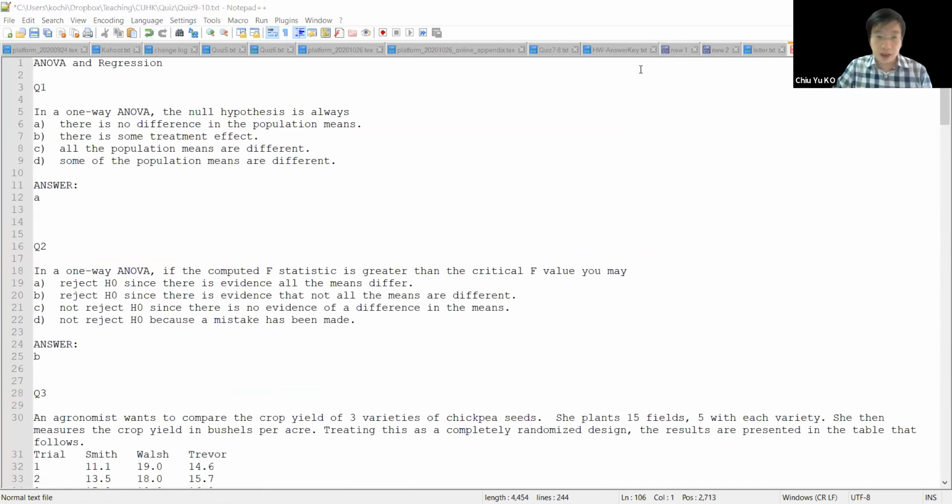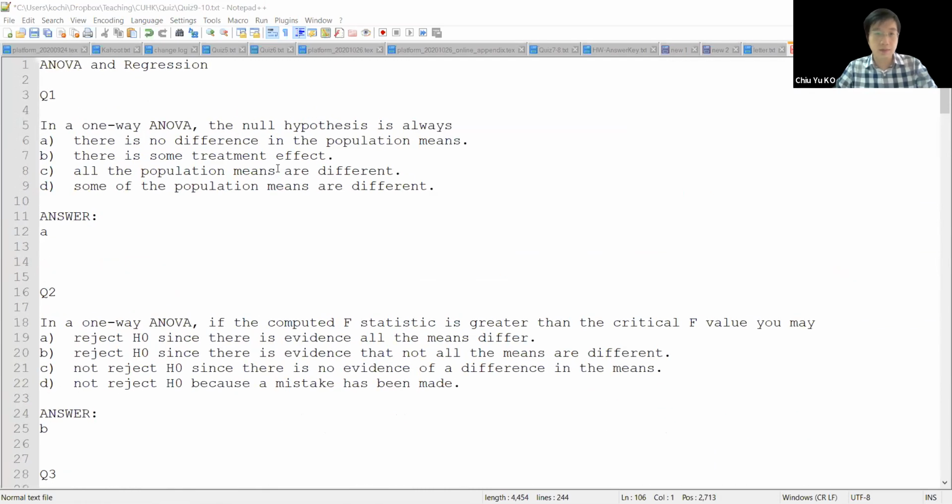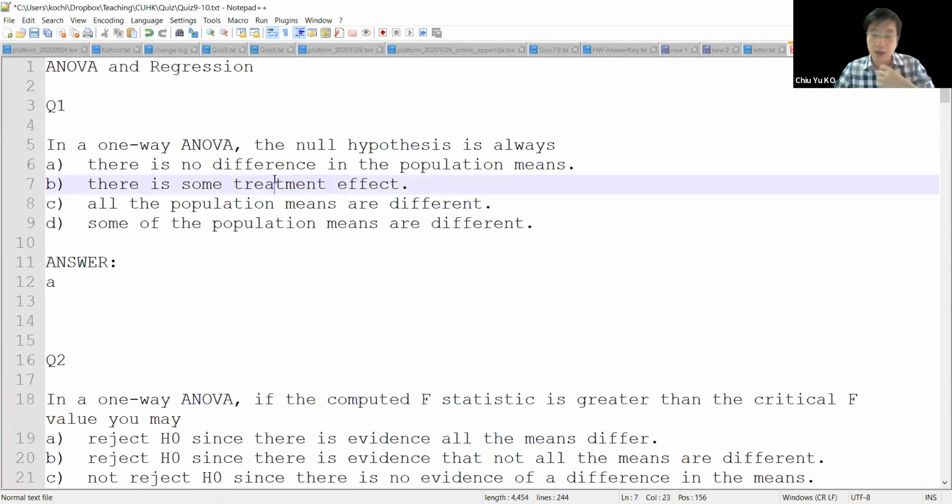We'll quickly look at the regression and ANOVA. For the one-way ANOVA, I guess it's very clear. The null hypothesis is no difference in the means, that mu1 equals mu2, up to mu c, and there is no treatment effect.